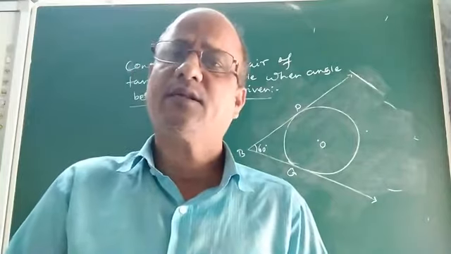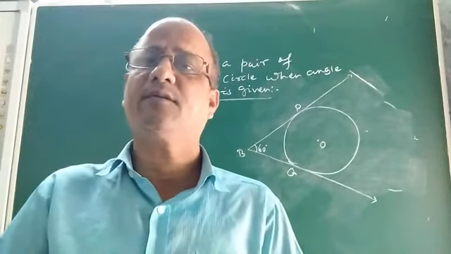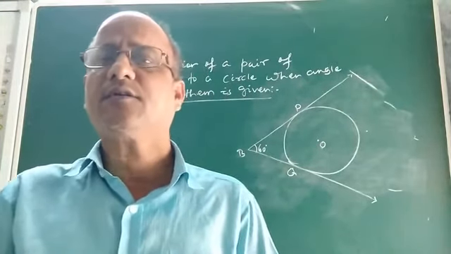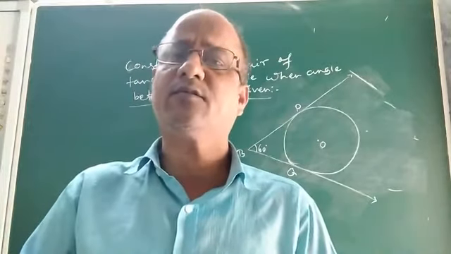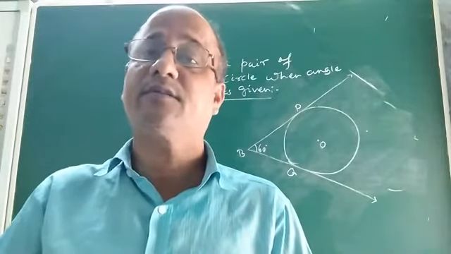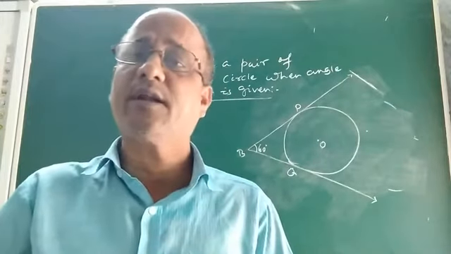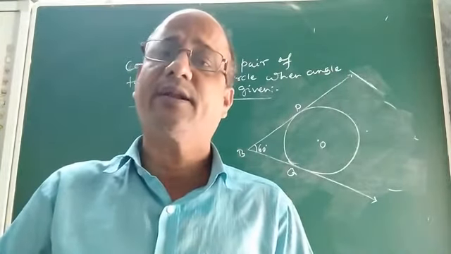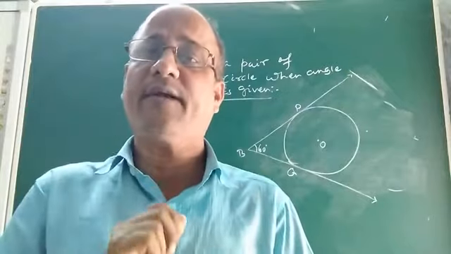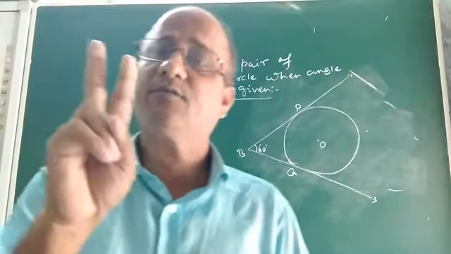Children, in the last class we had completed the chapter construction. So in construction, what did we discuss? What are the different constructions that we discussed in this chapter? First we discussed how to construct a triangle similar to a given triangle with some scale factor. In that construction we had two cases.